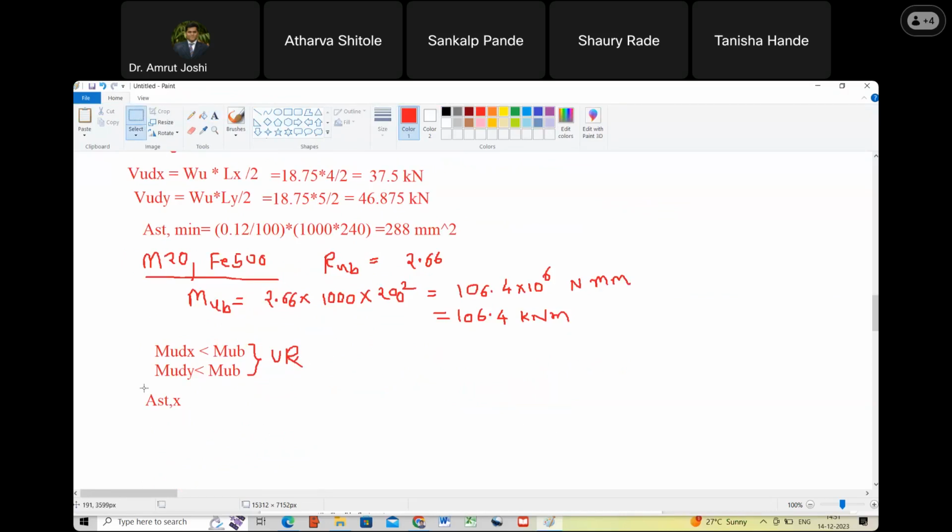So once it is under reinforced in both directions, I can find the steel using the formula for an under reinforced section. And what is that formula?